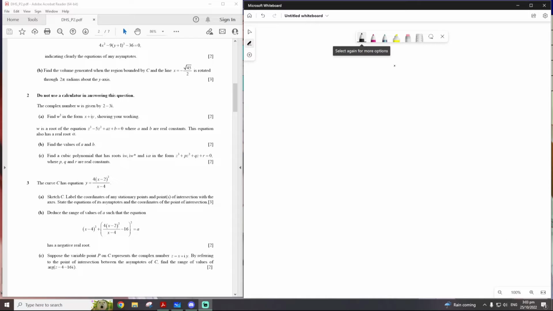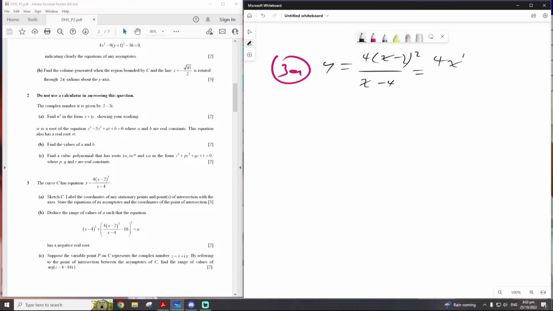Question 3. For this we have a rational function. So we have y equals 4 times (x minus 2) squared divided by x minus 4, which I shall expand a bit. So this is (4x squared minus 16x plus 16) divided by x minus 4.